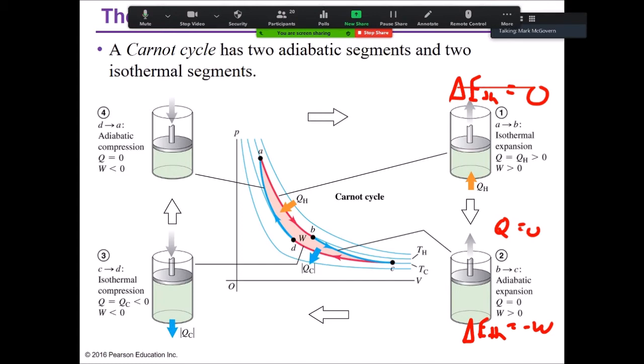The work is negative, and we're brought back to the original state. Because every segment is either isothermal or adiabatic, it's considered to be a reversible process, and it will be as efficient as you possibly could have with the laws of thermodynamics as we know it. Okay, so let me go on a bit more about this stuff here.